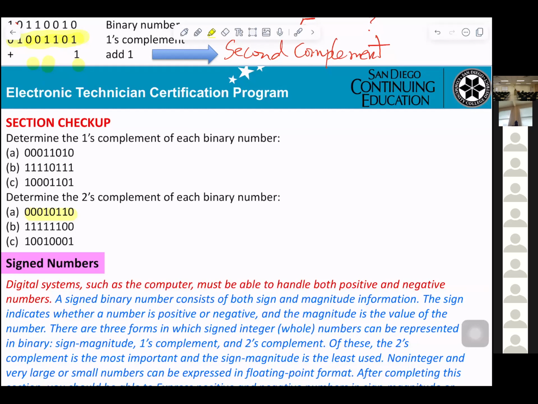I can pick one example here. Number B. Okay, you get 1, 1, 1, 1, 1, 1, 0. Okay, that's a binary. Now, first complement. 0.